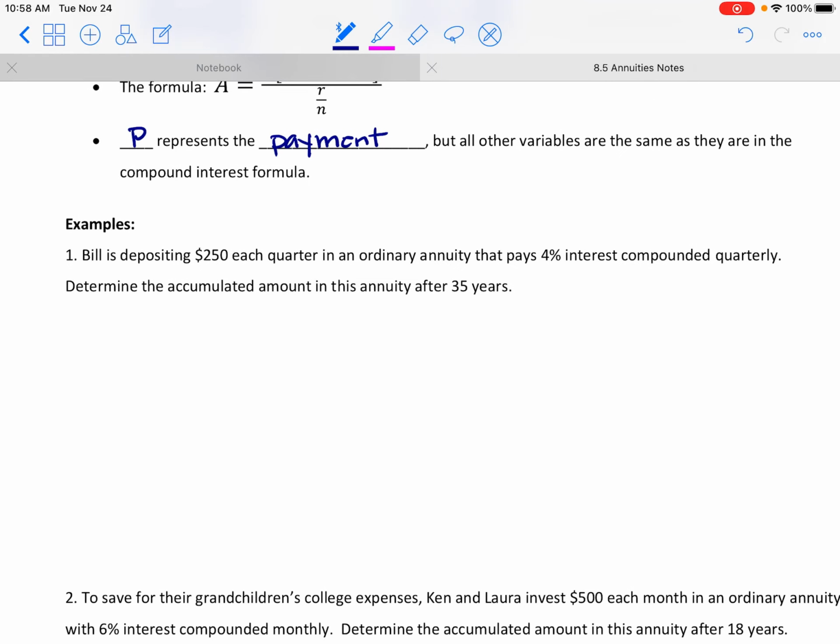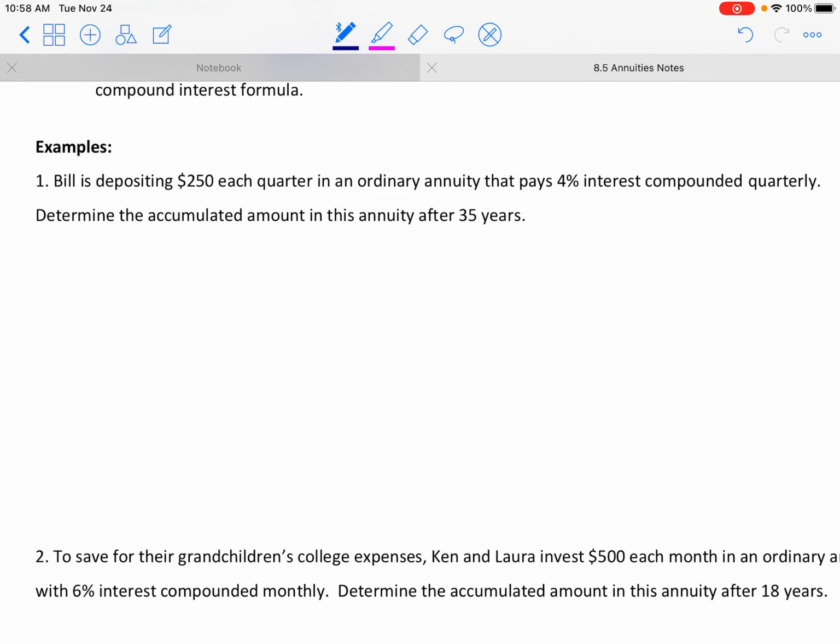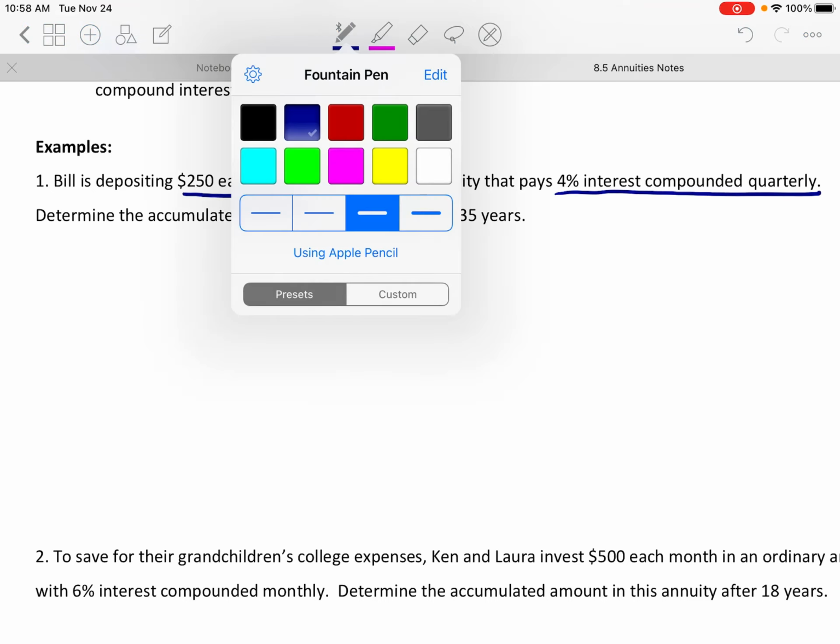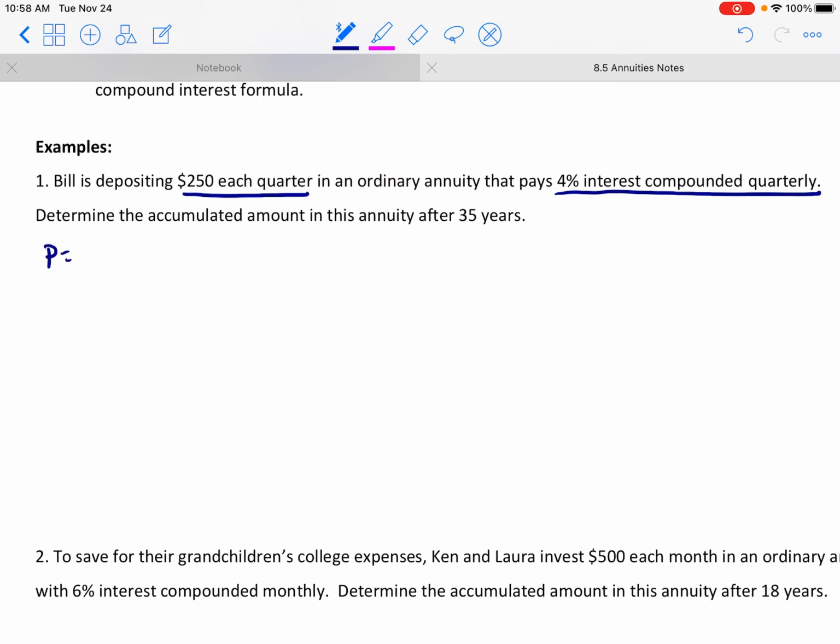So here's an example. Bill is depositing $250 each quarter into an ordinary annuity that pays 4% interest compounded quarterly. So you're making a payment each quarter and you're compounding 4% interest quarterly. Okay, so we want to determine the accumulated amount in this annuity after 35 years. Again, a long-term investment. So our payment amount again is going to be $250.